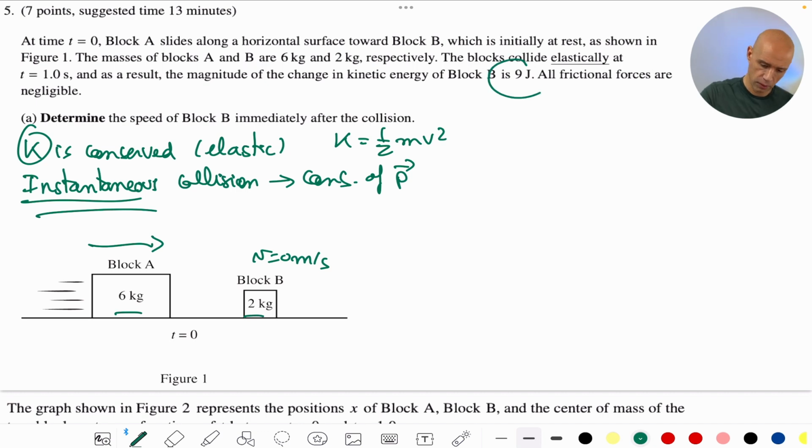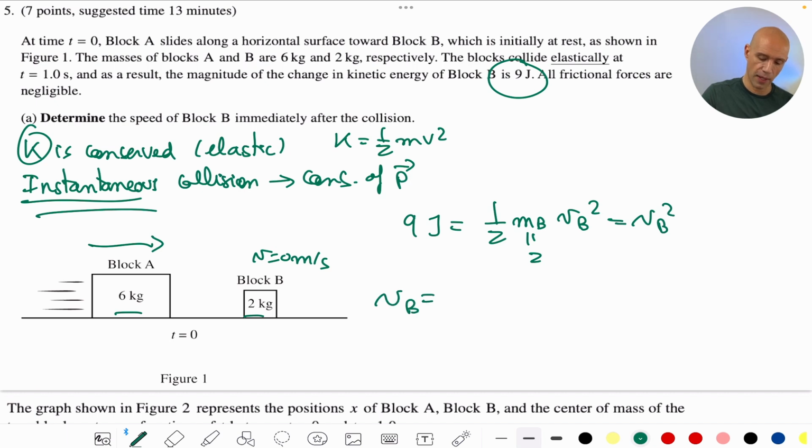But look, they say that the kinetic energy is 9 joules after the collision. So thank you so much, right? Because 9 joules is 1/2 of the mass of B, v squared. And since this is 2, so we have this, and then you get, be careful with that, 2 signs. In this case, of course, it's going to be plus, moves to the right, but let's make sure that this is understood, because it can be different in other situations.